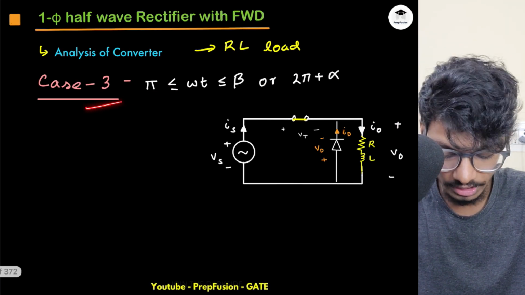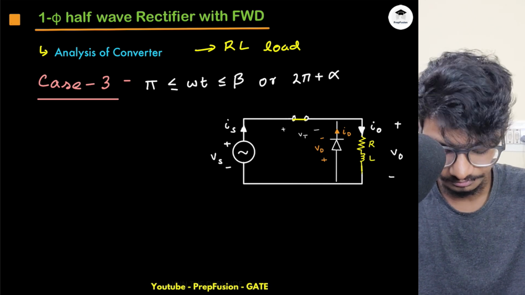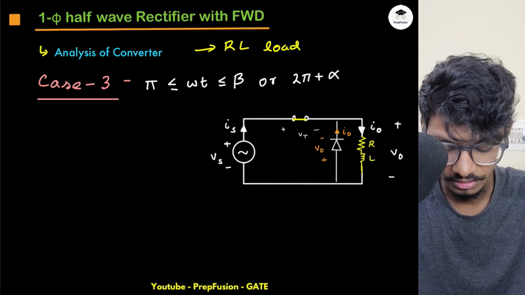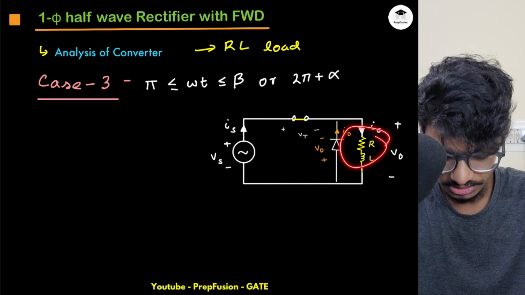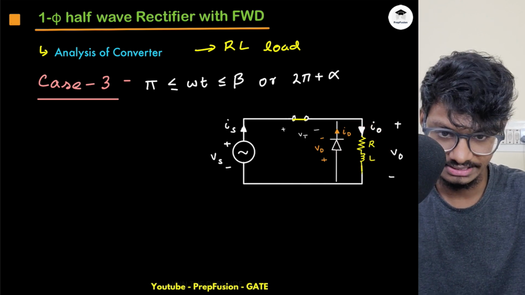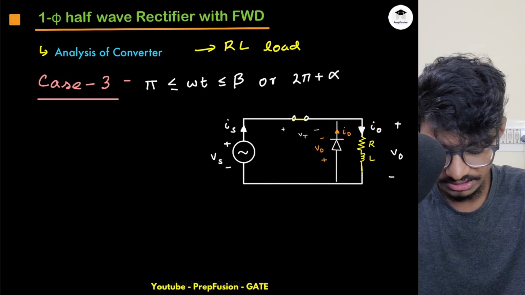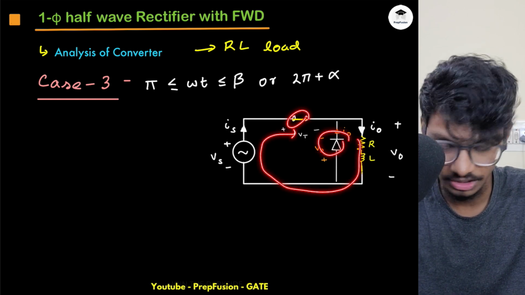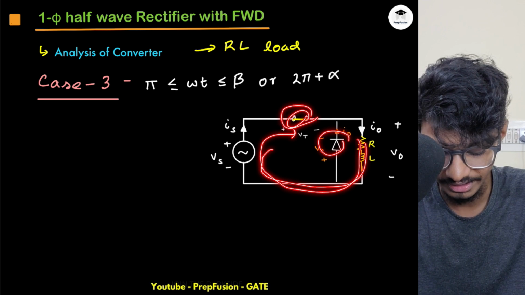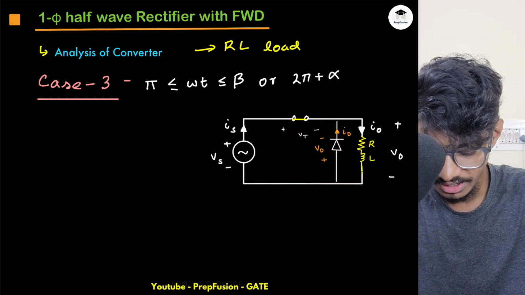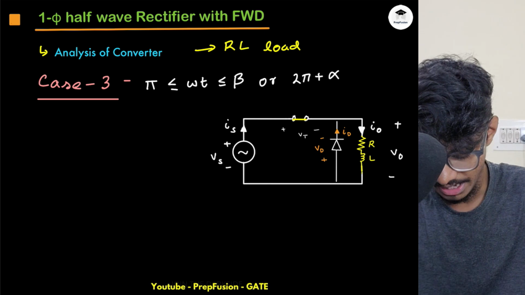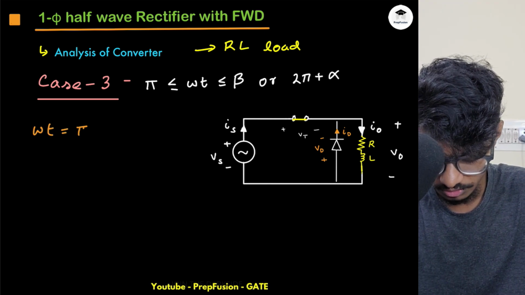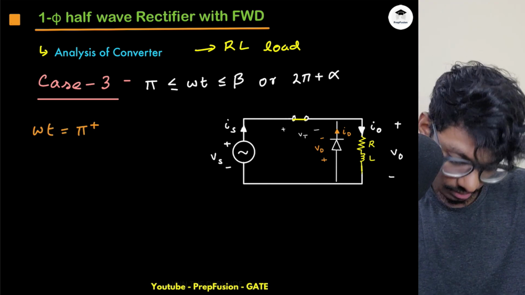That's why. Now here, in the RL load, from pi to beta, what will happen? If the load is RL, then this SCR, as soon as it would close, because the inductor will try to keep the current flowing and this diode is still off, the inductor will still keep this SCR on. And as soon as at omega t equals pi plus, what will happen?